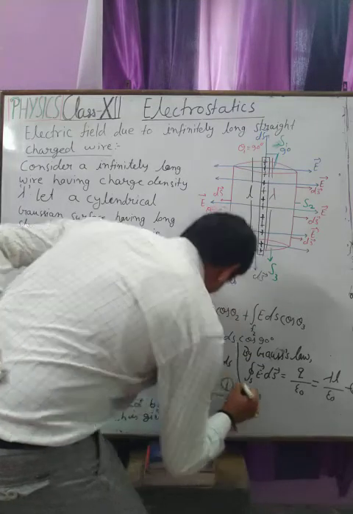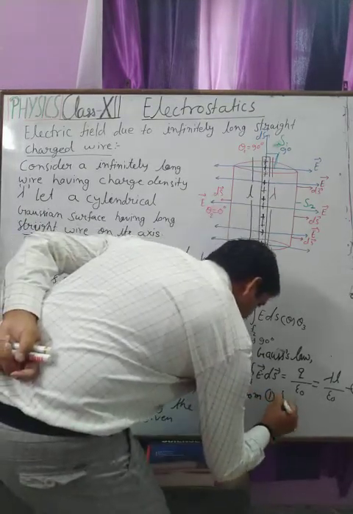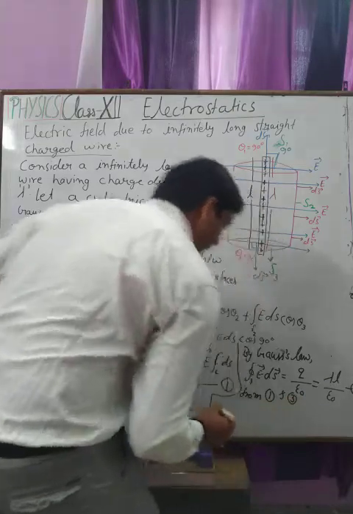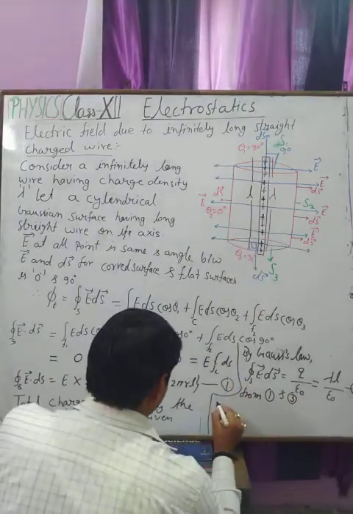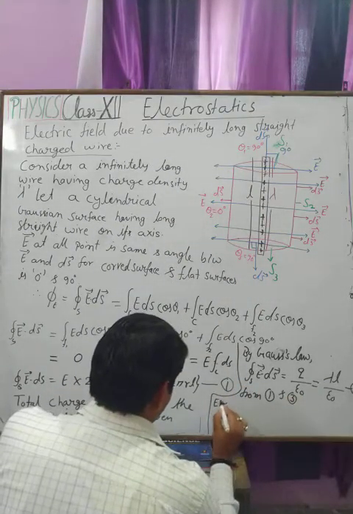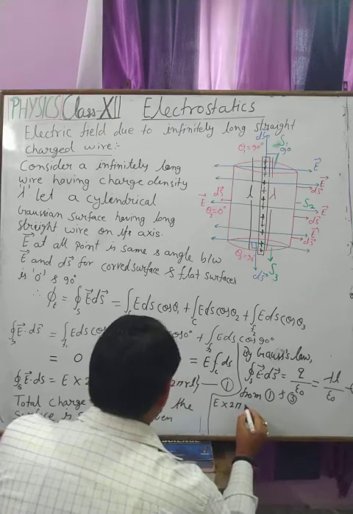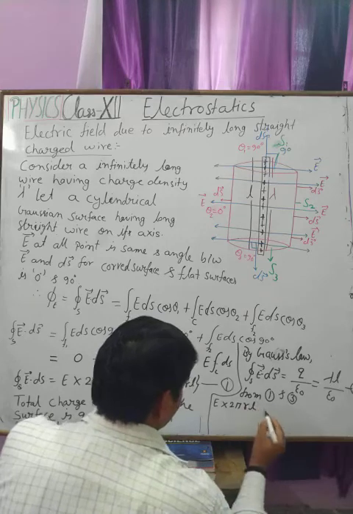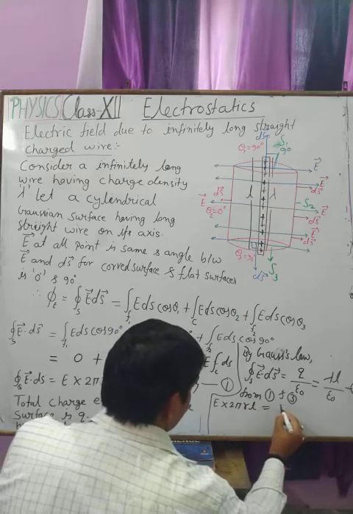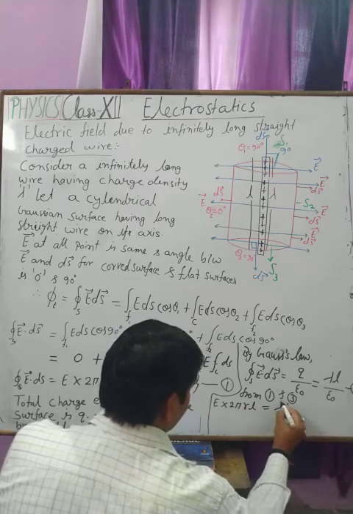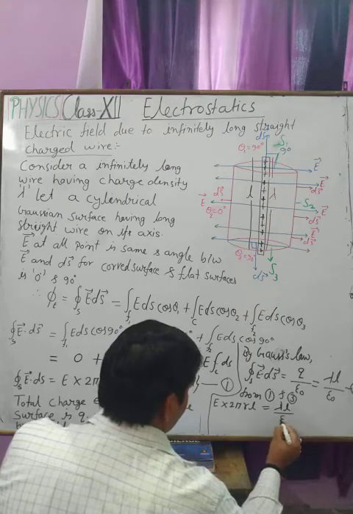From first and third we are getting E into 2 pi r L is equal to lambda L upon epsilon naught.